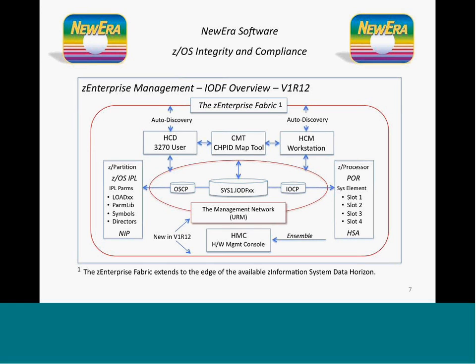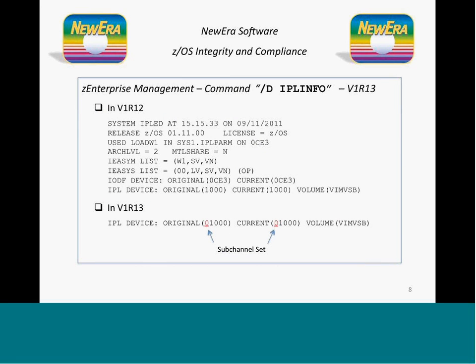As it relates to HCD and HCM, we're going to drill down into auto discovery, and we're going to talk about new tools that will help you to better manage the Z environment and specifically the control units and devices that form the enterprise fabric. There's lots of detail. One area we're going to cover substantially will be subchannel sets.